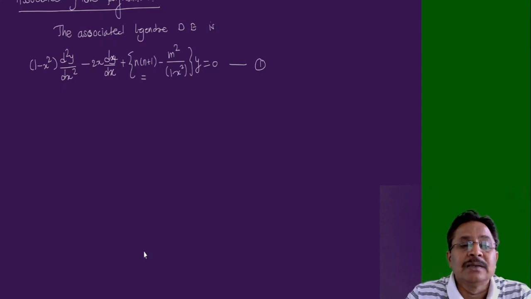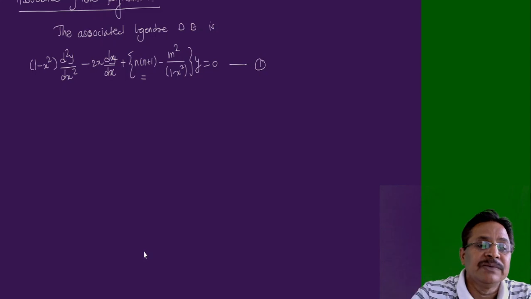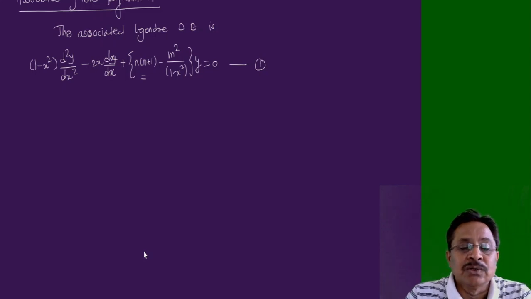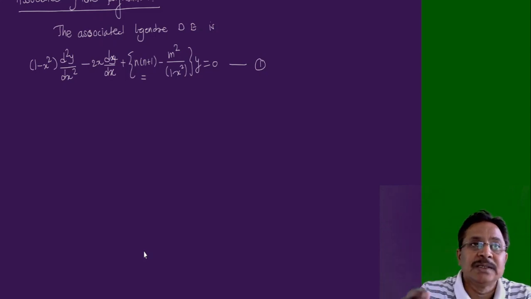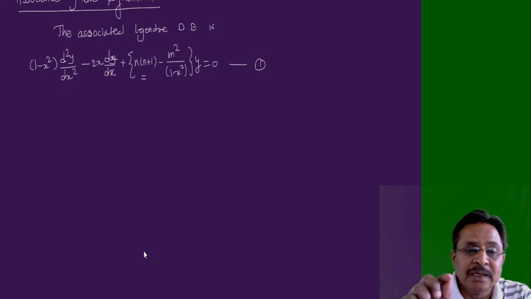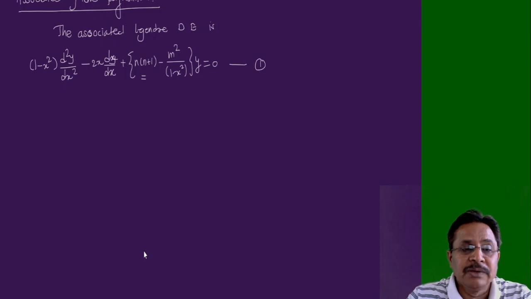While separating the r part from the theta and phi part, we get this constant n into (n plus 1), and adjusting this constant in the differential equation, it comes here. So this n into (n plus 1) is different from what we get in a normal Legendre differential equation. The normal or ordinary Legendre differential equation is (1 minus x square) d square y upon dx square minus twice x dy by dx minus m square upon (1 minus x square) into y is equal to 0.